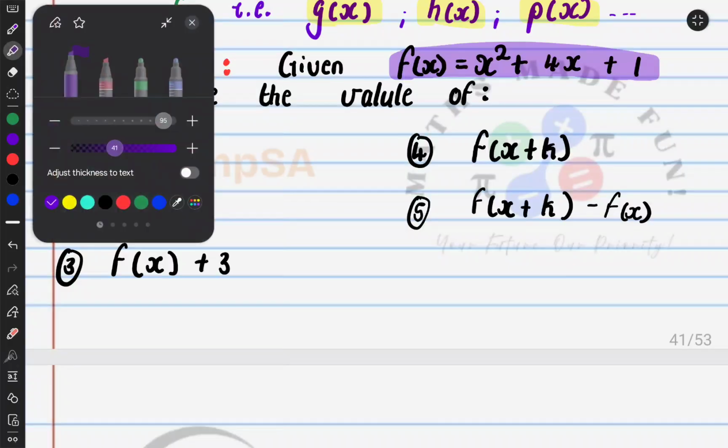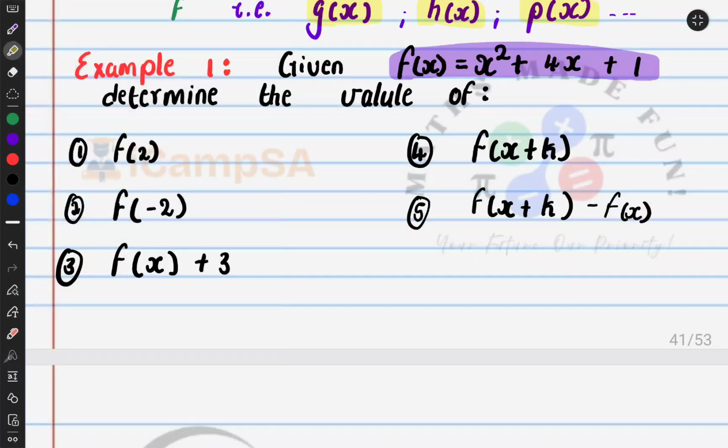So we are asked to determine the value of f of x at 2, because remember that what is inside the brackets is our x, or our input value. We're asked to find the output value at that input value of 2.